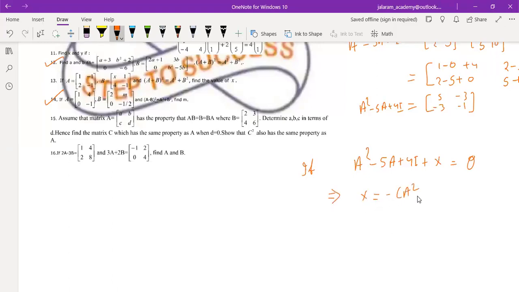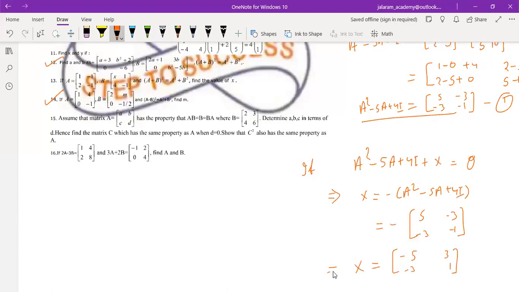We transfer all these terms except X to the right hand side. Now value of this A square minus 5A plus 4I from this matrix equation 1 will be 5, minus 3, minus 3, minus 1. So we will multiply minus 1 to all the terms. Minus 5, 3, 3, 1, which is the answer.